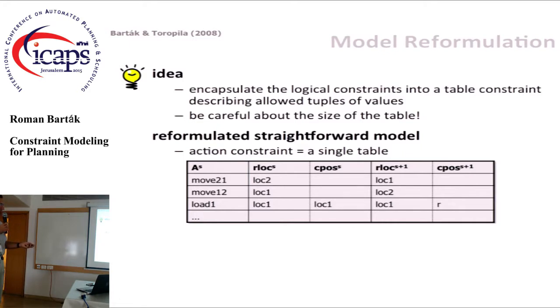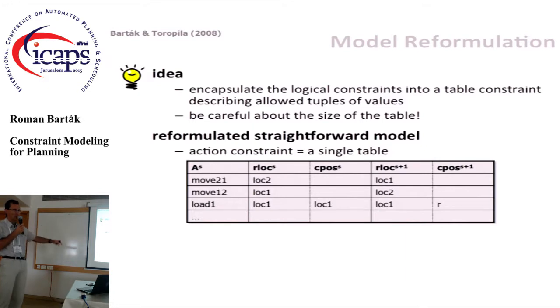Okay, and each action will be described by one row where we specify just the values of the variables in the precondition, and we say that any value can be used for a variable which is not part of the precondition. And in this case, we make the table much smaller than if we really describe all combinations of all values. And similarly for the effect, we really describe just the value that is changed by the constraint. And for this value, we say any value can be there, right?